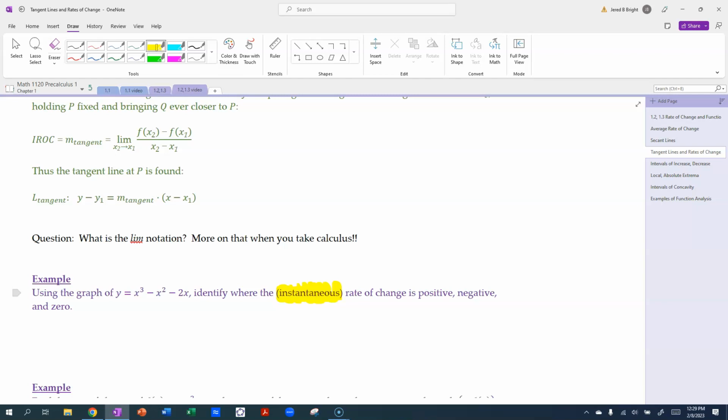So if it doesn't say average, assume it's instantaneous, okay? But what we want to do is see if we can identify where the rate of change is positive, negative, and 0 on this graph. And so we have to use this idea that the instantaneous rate of change is the slope of our tangent line.